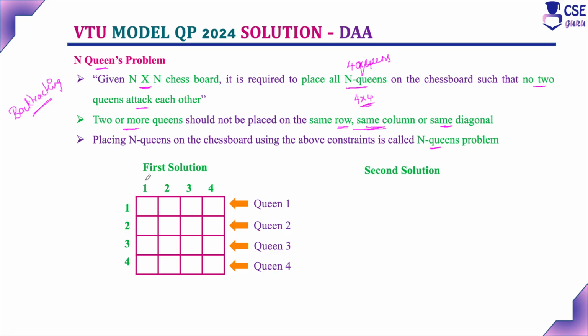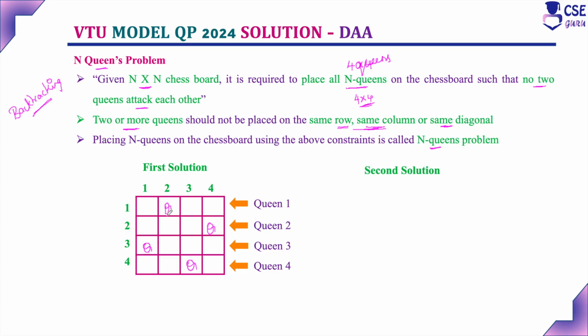The first solution is to place the first queen in first row, second column, the second queen in second row, fourth column, the third queen in third row, first column, and the fourth queen in fourth row, third column.